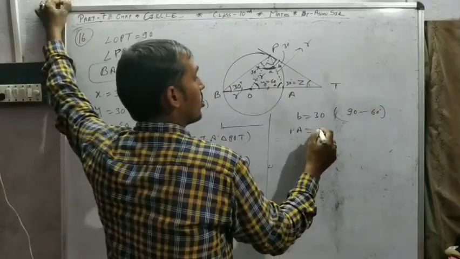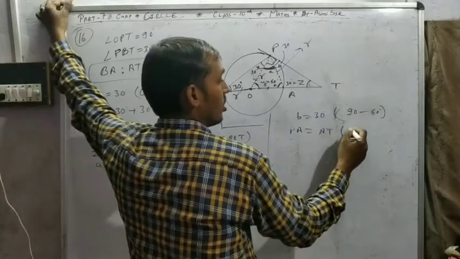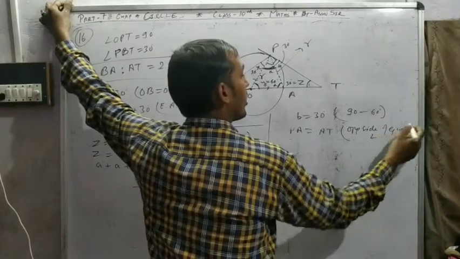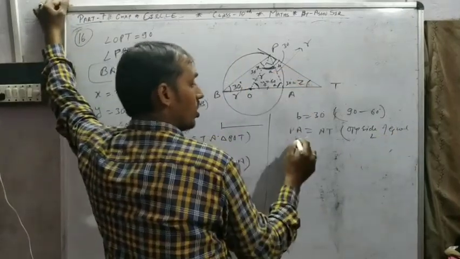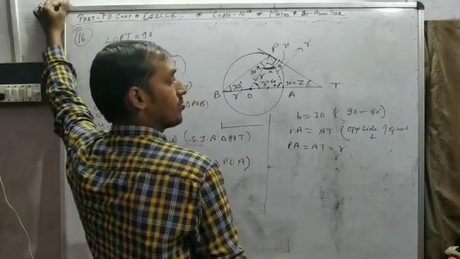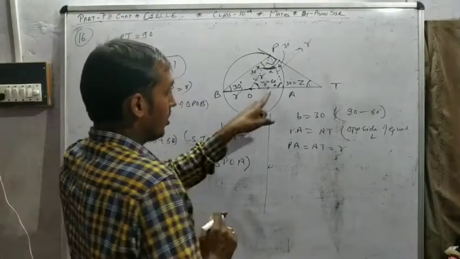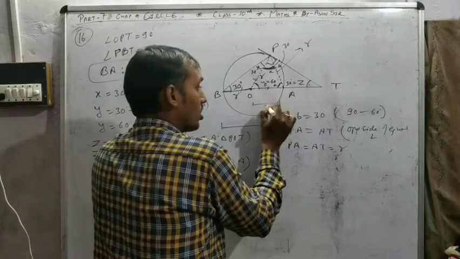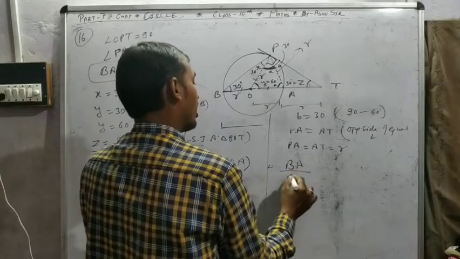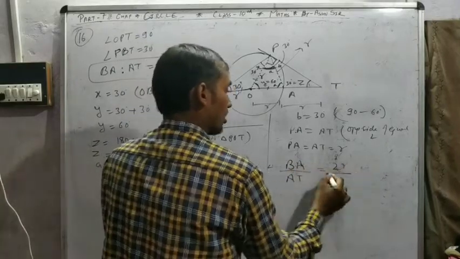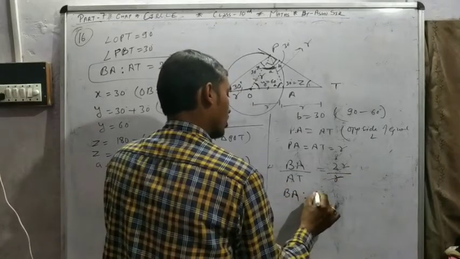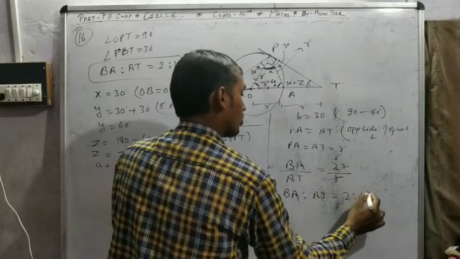So PA is equal to AT, opposite sides of equal angles 30 are equal, and PA is equal to AT is equal to R. Means this R and this R. We want the ratio of BA upon AT. BA is 2R and AT is R. Cancel R. BA to AT is equal to 2:1.